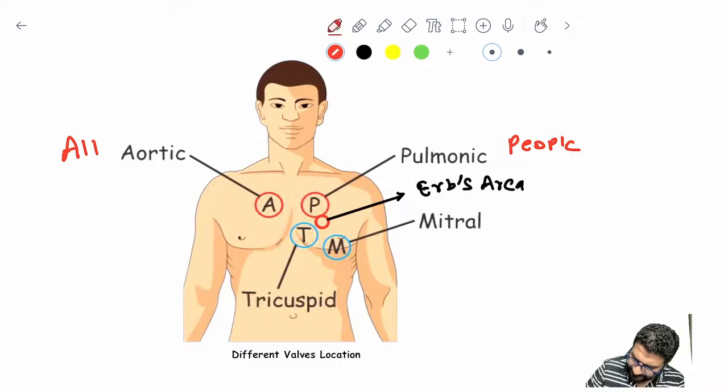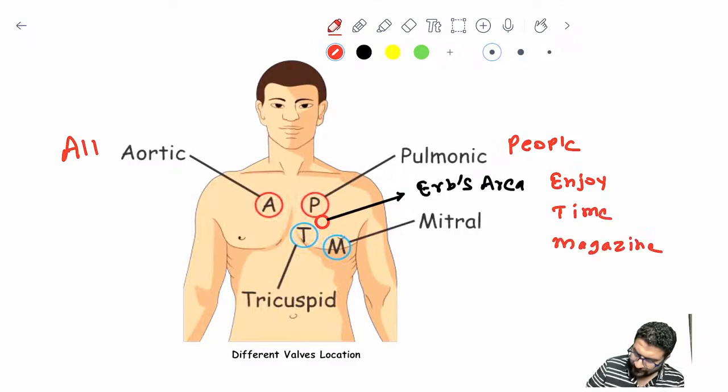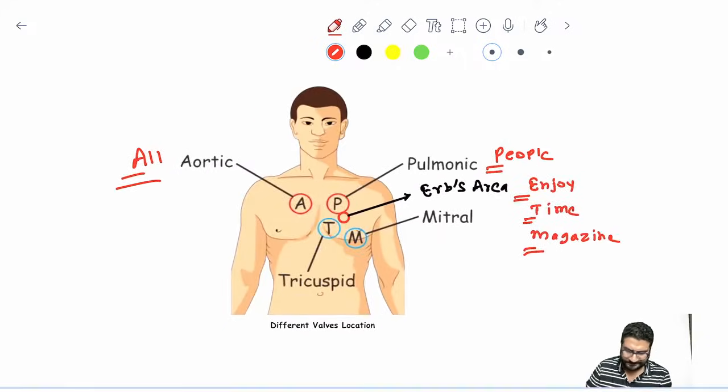So remember, all people enjoy, Time magazine. All means aortic, pulmonary, ARPS, tricuspid, and mitral valve.